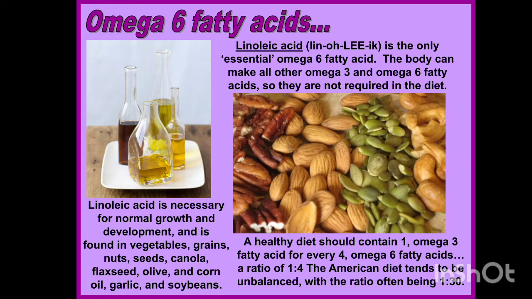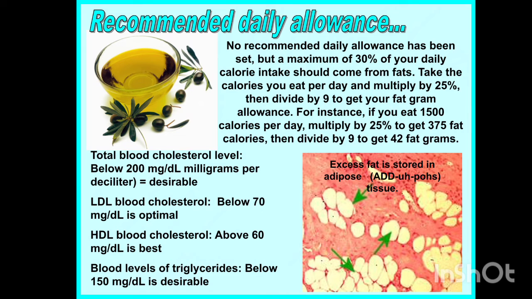A healthy diet should contain 1 omega-3 fatty acid for every 4 omega-6 fatty acids, a ratio of 1:4. The American diet tends to be unbalanced, with the ratio often being 1:30. Recommended daily allowance, RDA.